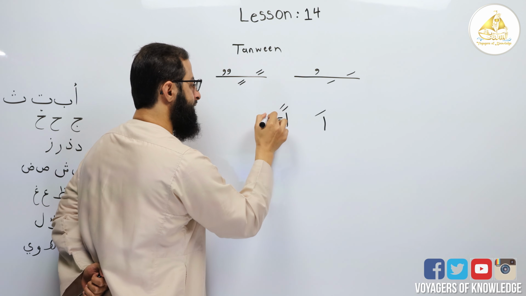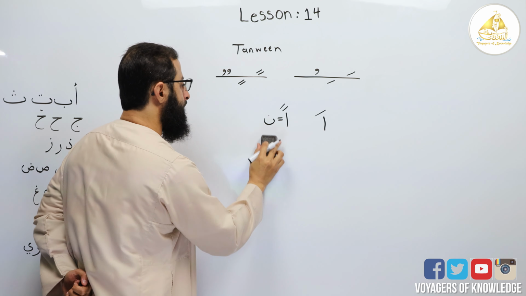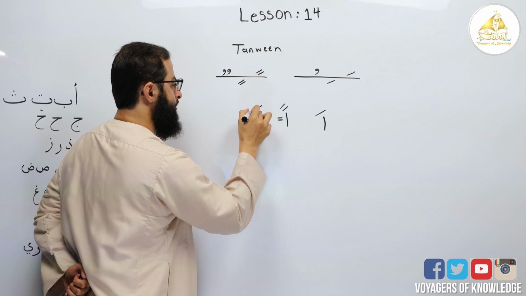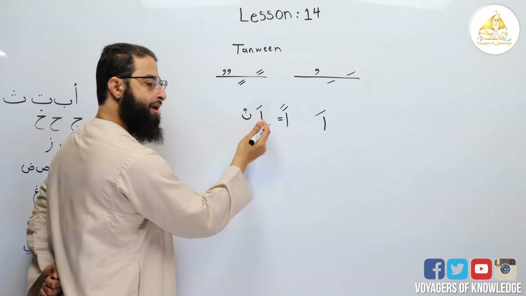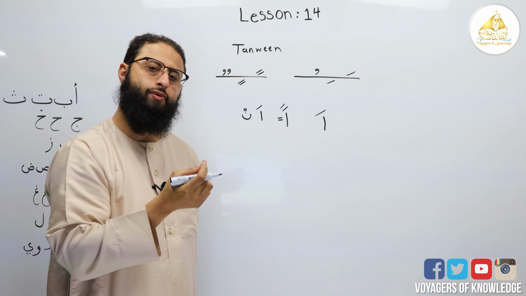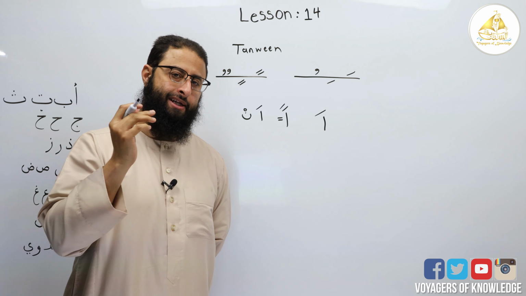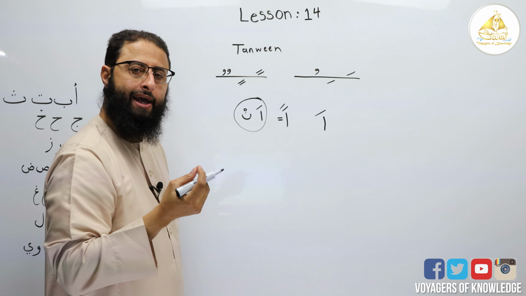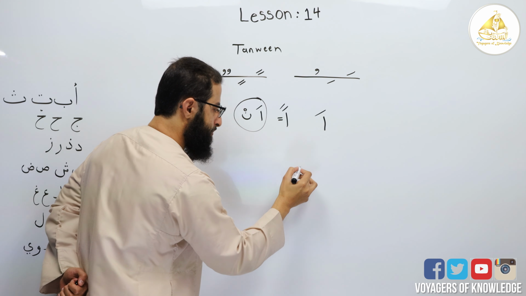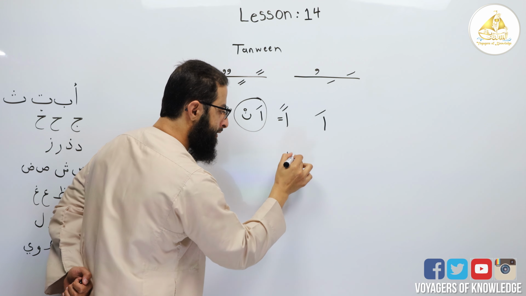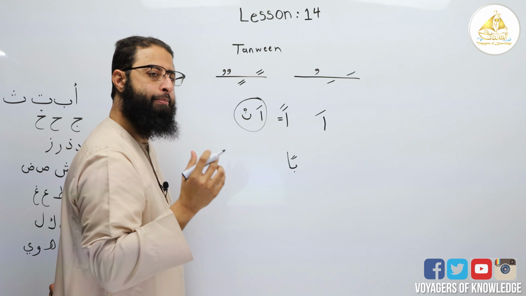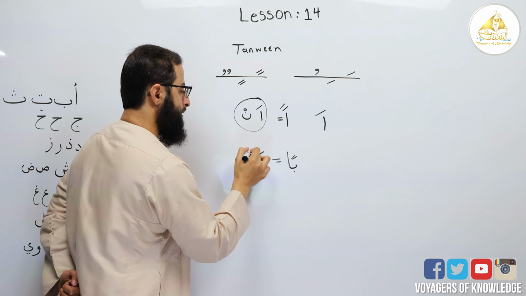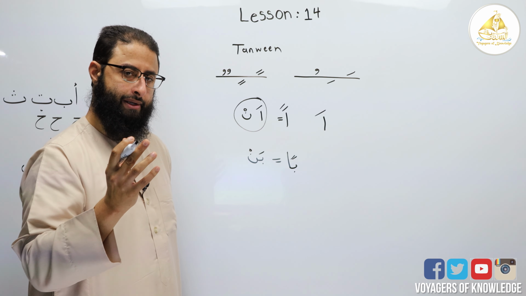So this is actually pronounced like this: Alif with a Fatha and then a Noon with Sukun after it, An. But instead of writing all of this, we just do this, An. If it was a Ba, right? Ben, like this. Ba, and then a Noon with Sukun, Ben.